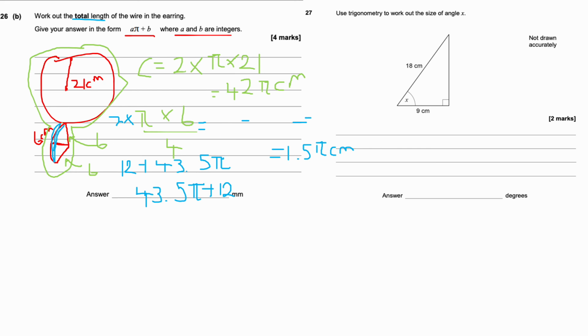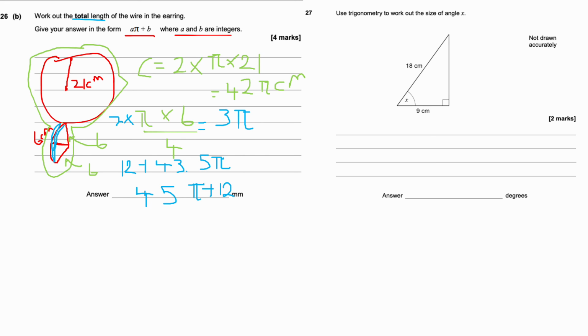I was meant to get an answer of 3 and not 1.5, because I forgot to times the radius by 2. 2 times 6 is 12 times pi over 4, so I'm going to get 3 pi. Now if I add it together, I get 45 pi, which is a whole number, an integer. So 45 pi plus 12 centimeters.